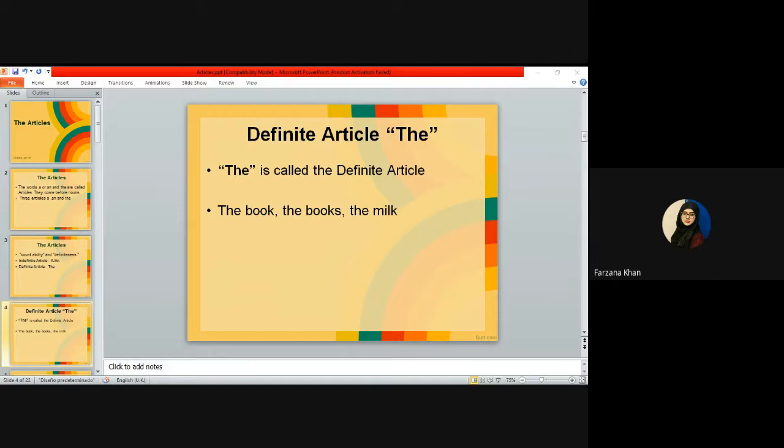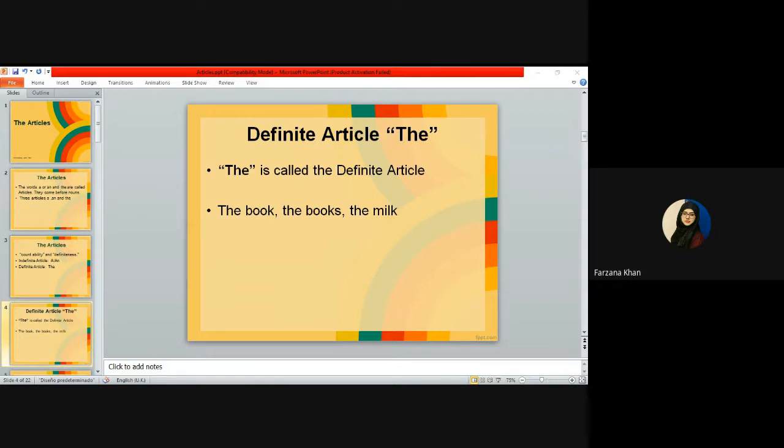It is pretty clear to all of you that definite or indefinite, both articles are used for the purpose of a noun in a sentence and they precede the noun, right? So the definite article normally points out a particular person, thing or place. That's why it is called the definite article, as previously you were told about definiteness and countability.